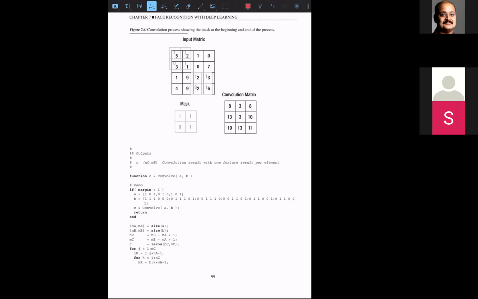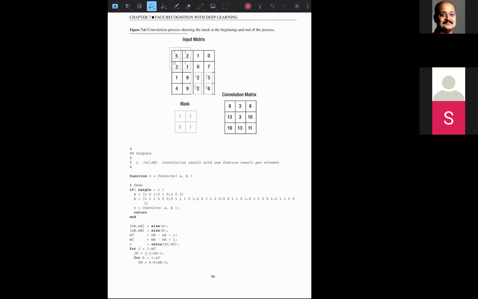Now you will take that mask and shift it by 1 column. If you shift that mask by 1 column, it's going to look like 2 multiplied by 1, 1 multiplied by 1, 0 multiplied by 1, 1 multiplied by 0. My online students, can you see that? So everyone understood?